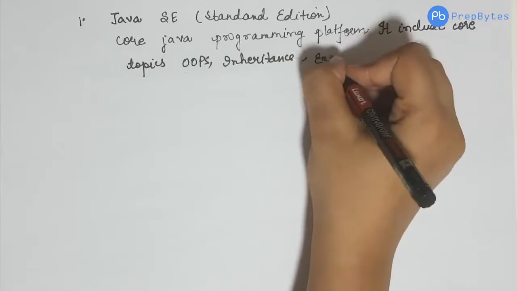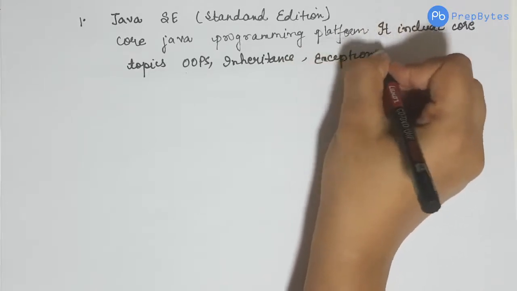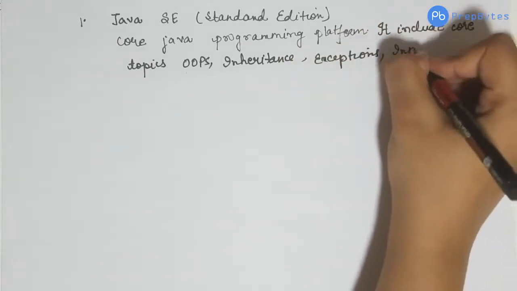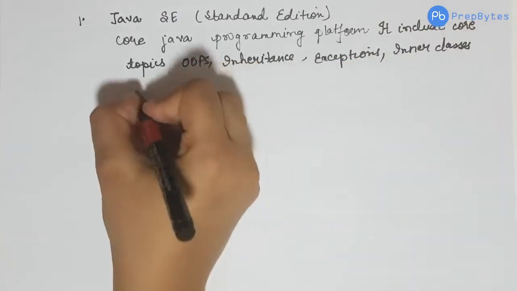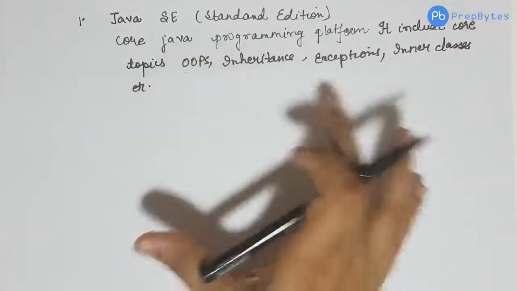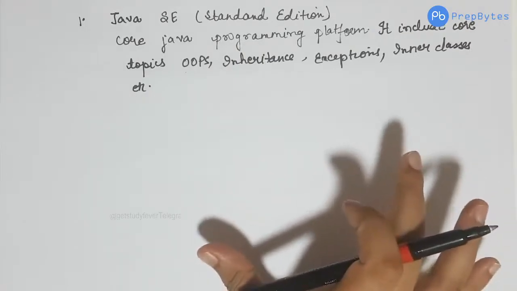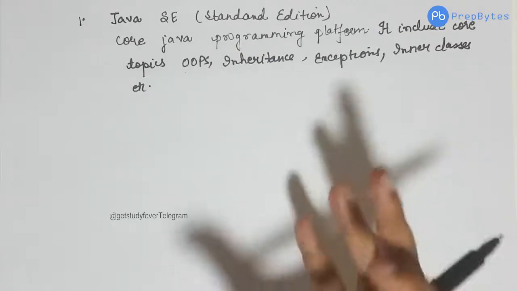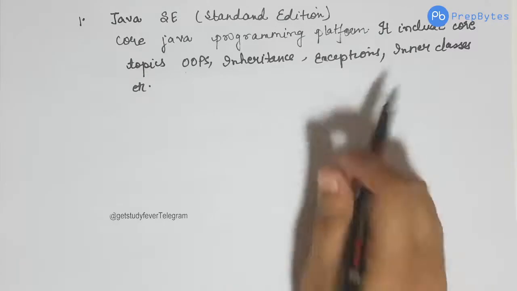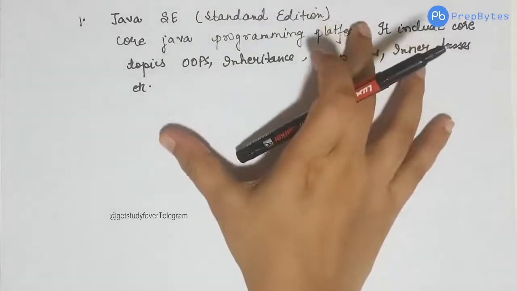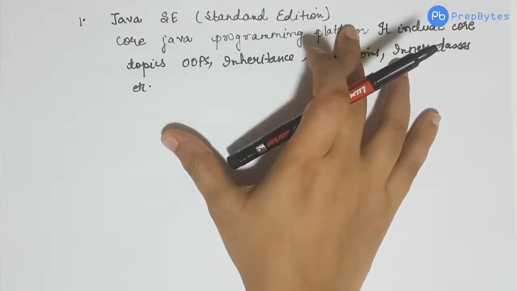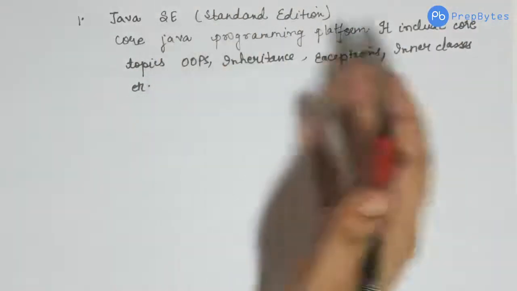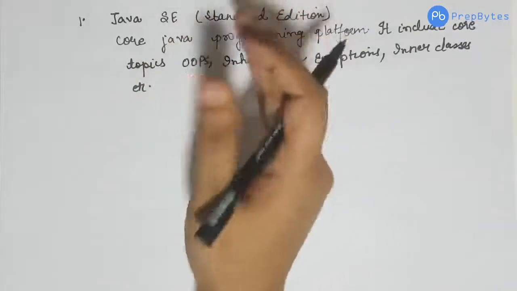Exceptions, inner classes, etc. So these are the core topics of Java, and this comes under Java Standard Edition. You can say that Java Standard Edition is the core of any other edition. All the other editions are built on this particular Standard Edition.